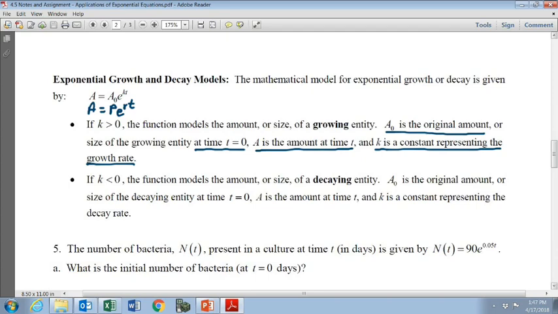And then r is a rate of growth, whereas in the PERT formula it was a percentage rate, which described the growth of your money. And then t was for time in years normally. With these problems, a lot of times t may not be years. So it's very similar to PERT, just a little bit different. Let's go ahead and finish these last couple of problems.